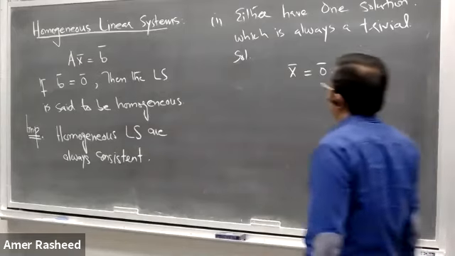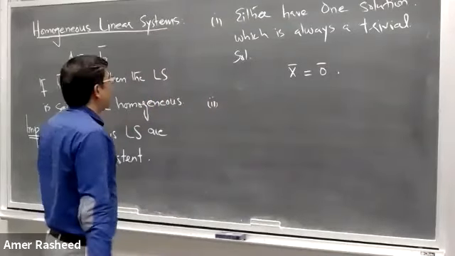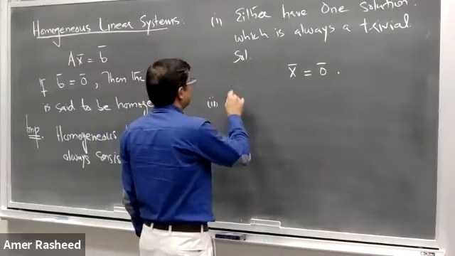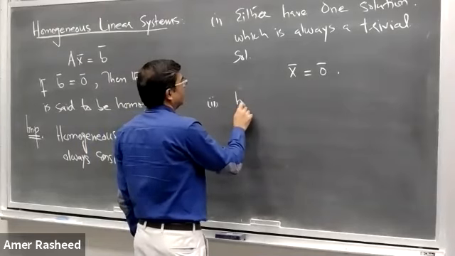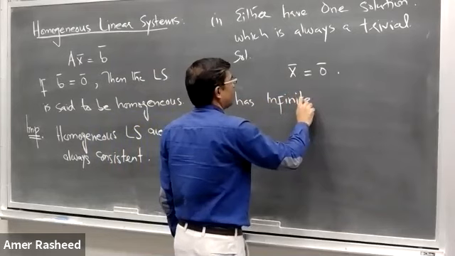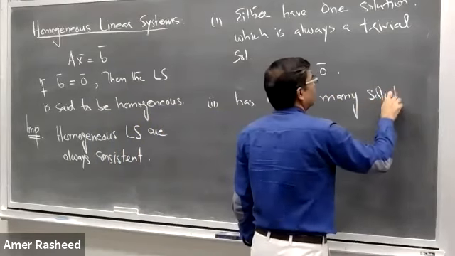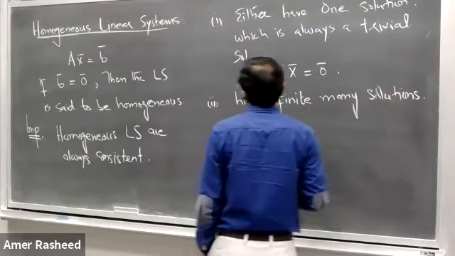Otherwise, the second possibility for consistent linear systems is that a homogeneous linear system has infinitely many solutions. So there are two possibilities for homogeneous linear systems.